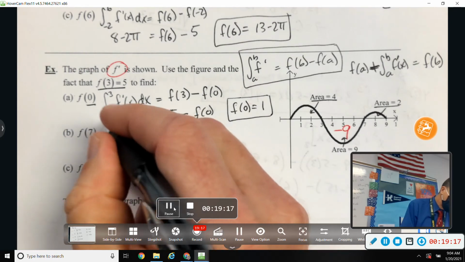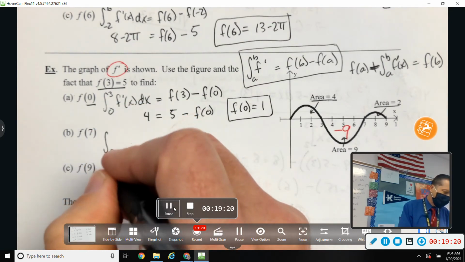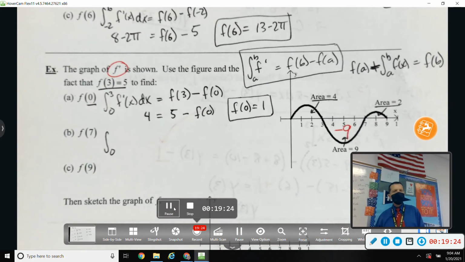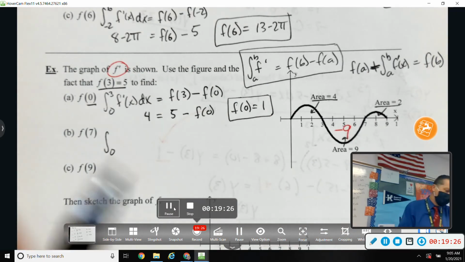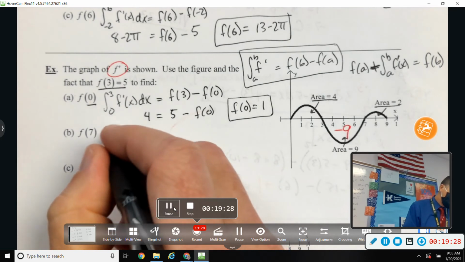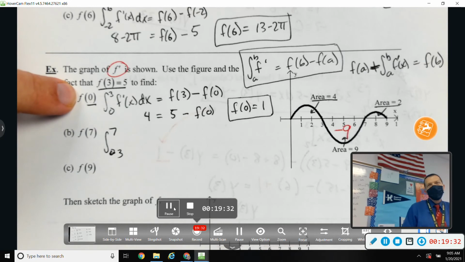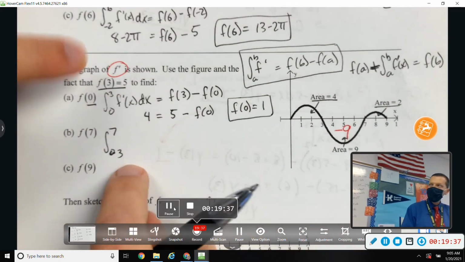Part B, from, I don't know that I want to go 0 to 7. I guess I could go 0 to 7 since I know f of 0, but I probably should use original information, so let's go 3 to 7. Does that make sense? You could use 0 because we know what f of 0 is now, but in case we mess that up, let's use original information here.